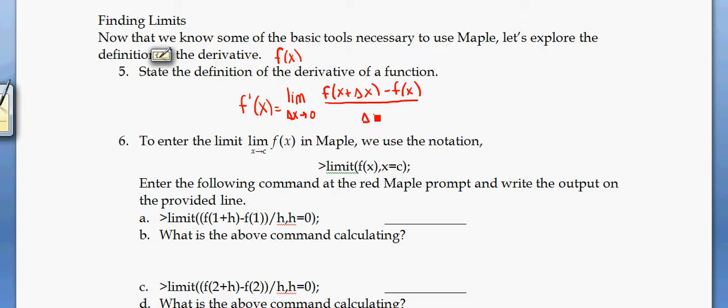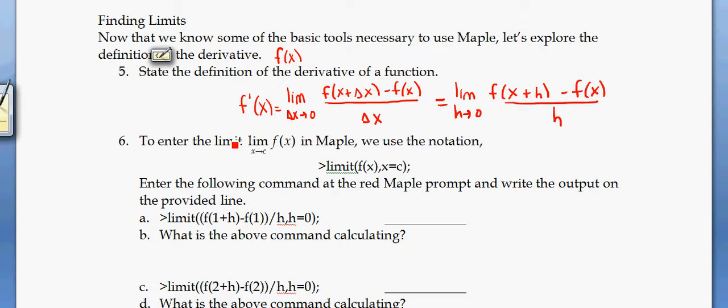Now this is the notation I always use in class, but for the sake of Maple, it might be just as well for us to adopt the h. So you can think of it as the same thing as this right here. Either way you want to look at it, this is the definition.